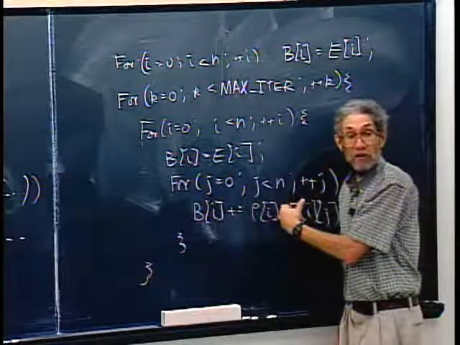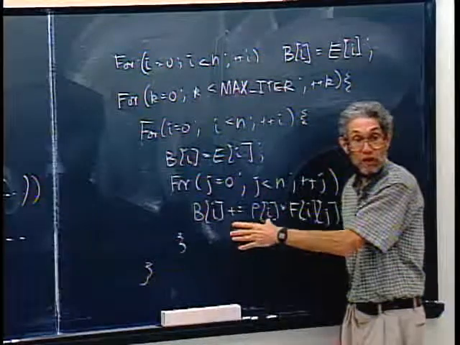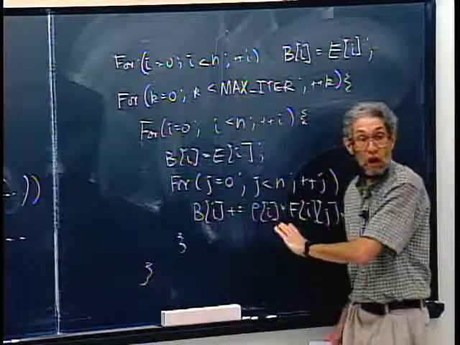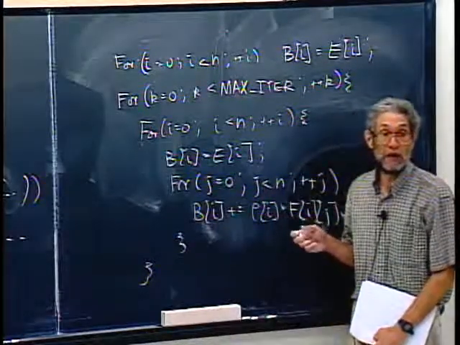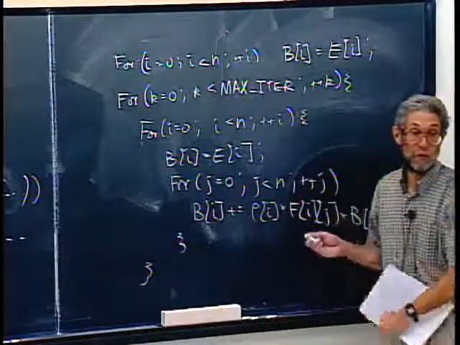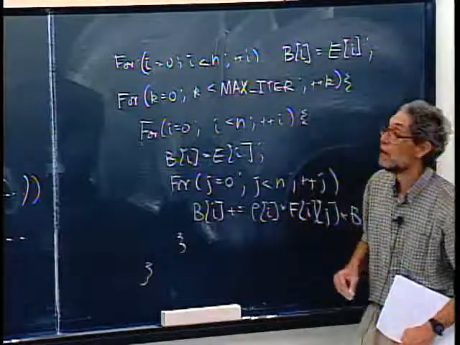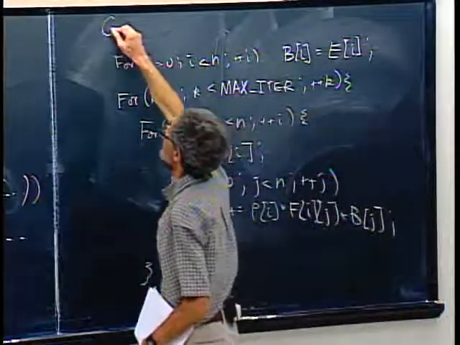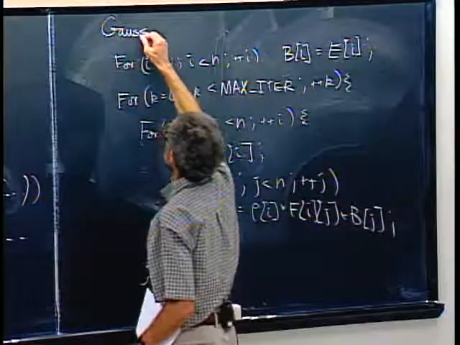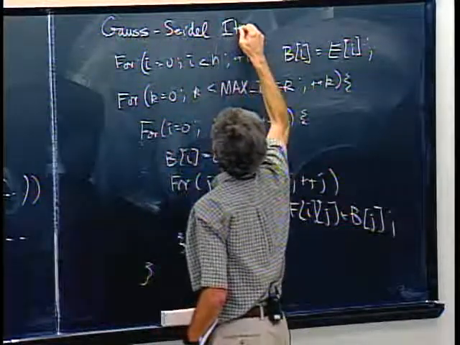So this actually is going to converge faster than that one, because parts of the computations at each iteration already are taking advantage of new values. Not to mention, it doesn't have to have storage for a second column vector, because one entry at a time you're updating it. So this is actually called Gauss-Seidel iteration.